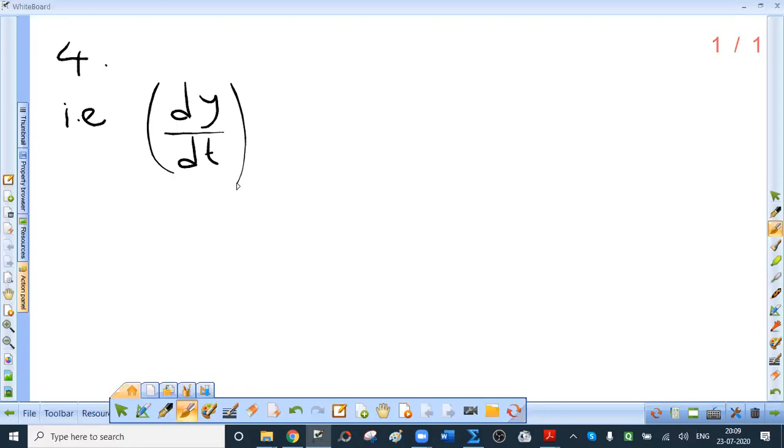Y coordinate will change at what rate? dy/dt. So dy/dt at that point, say P, we have said that point is P, is what? It is 8 times dx/dt at P.